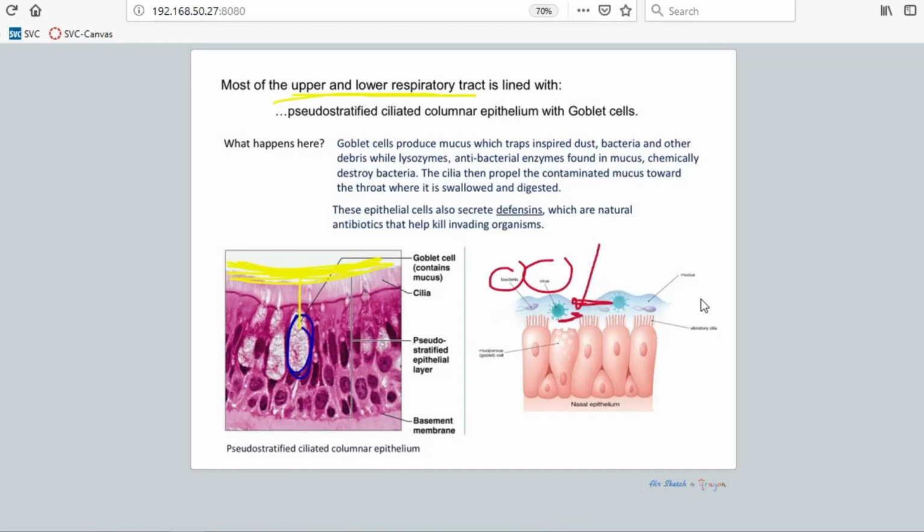And also in that mucus, we have lysozymes, which are antibacterial enzymes. And so they're going in there and killing these bacteria and whatnot. Okay, now what do the cilia do? After we have all this contaminated mucus up there, we want to get rid of it. And so what the cilia are going to do is they're going to propel that mucus up and out of the respiratory tract.